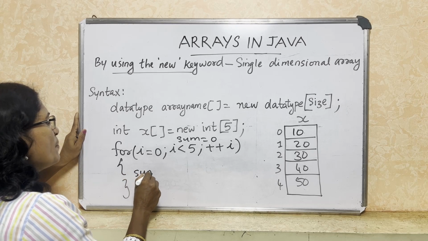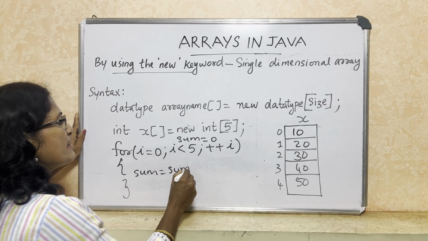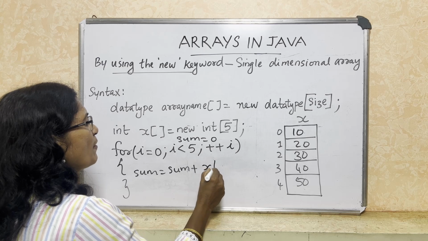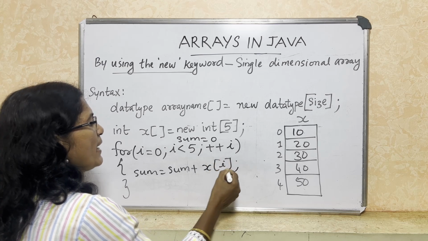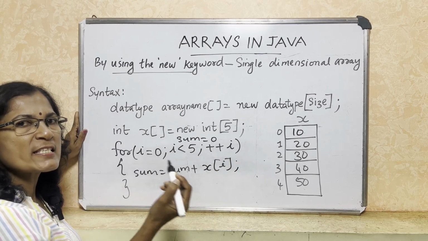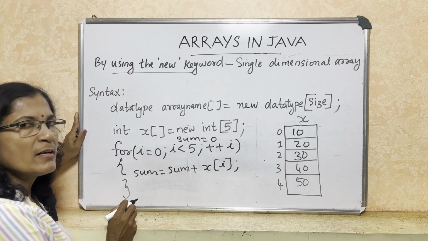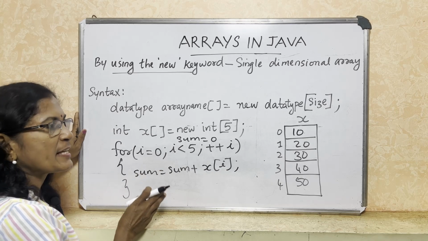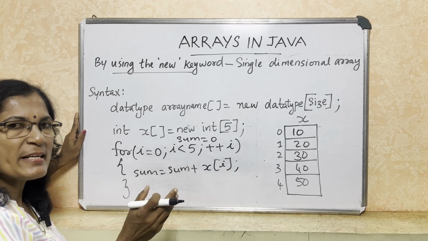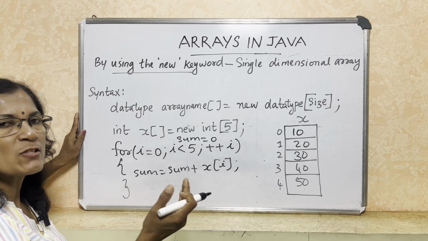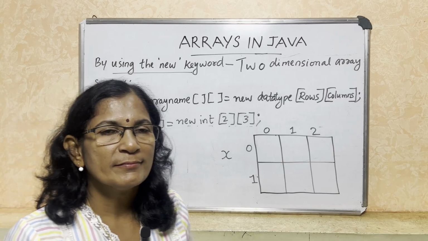Sum is equal to sum plus x of i. So a loop can be used to process the data of the array. It is more convenient than using individual assignment statements to access the values from the array.